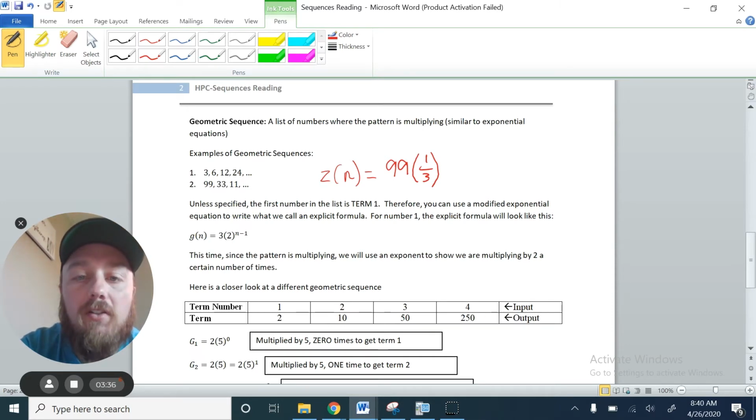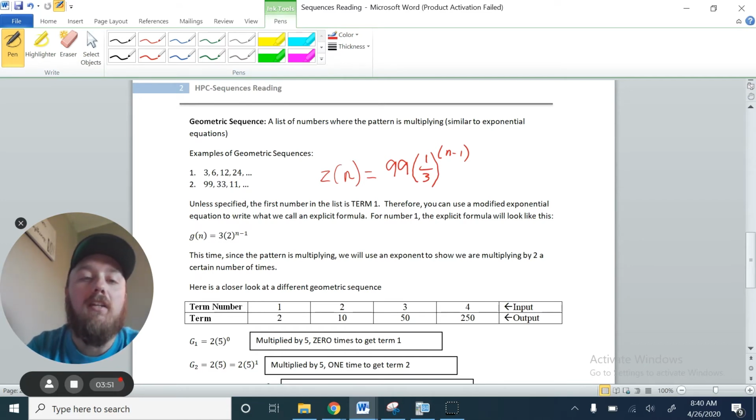So now we have our first term and our multiplier, and our exponent is going to stay n minus 1. So there you have it. We have our first term and what it's being multiplied by. Again, if it looks like our numbers are getting smaller and smaller, like in 2, we still have to say we multiply, but we're going to multiply by a fraction.